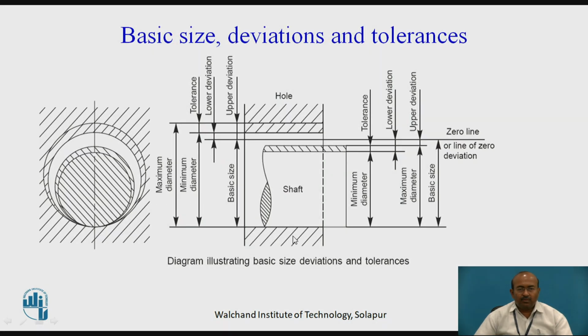You can see now the front view where a number of terminologies are displayed. Let us start with the diameters which are ultimately obtained by applying the tolerances to the respective element. Starting with the shaft, this is the minimum diameter, this is the maximum diameter of the particular shaft.